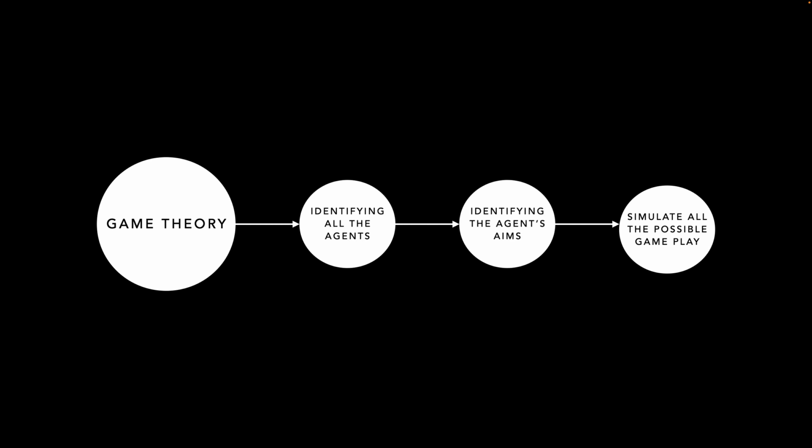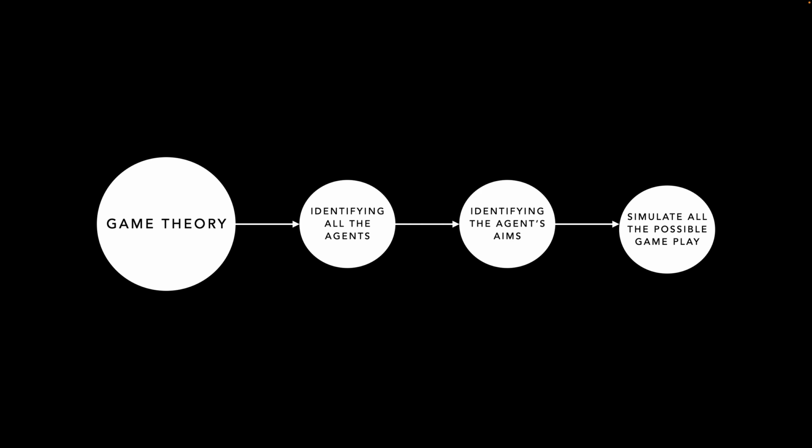In my model, the game theory will identify all the agents, which will be the nodes. We also have the agent's aim. What does the agent want to achieve? What is its goal? In terms of the rover, it's survival.